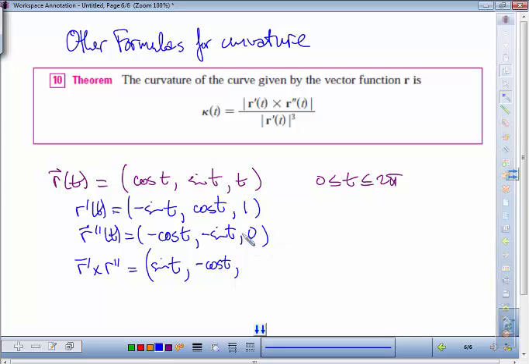And then in the k direction, I have sine squared minus negative cosine squared. So it's sine squared plus cosine squared, which is 1.